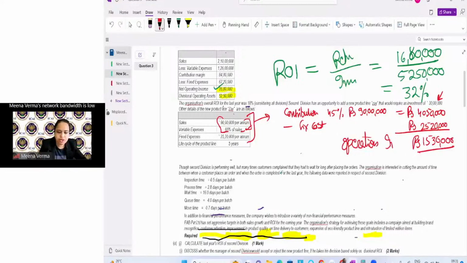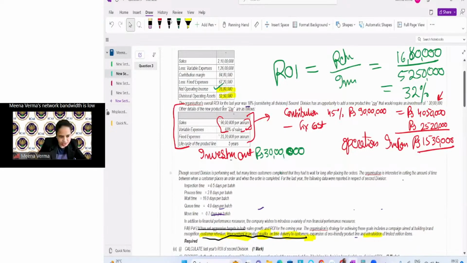And what is the investment you have done here? It is given. Investment is this 30 lakh, rupees 30 lakh. So find the return on investment.